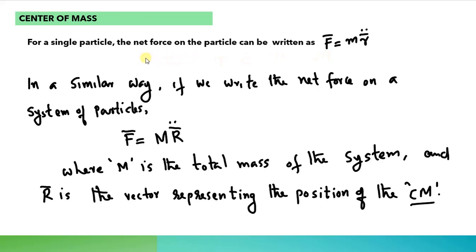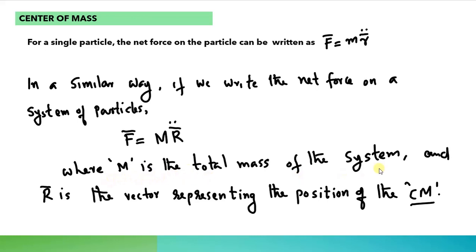The equation we have written for a single particle is F is equal to m into r double dot. Now if the total mass of the system is capital M and R is some position vector, we don't know, we can write the total external force acting on the system as equal to M into R double dot, the total mass of the system into R double dot.